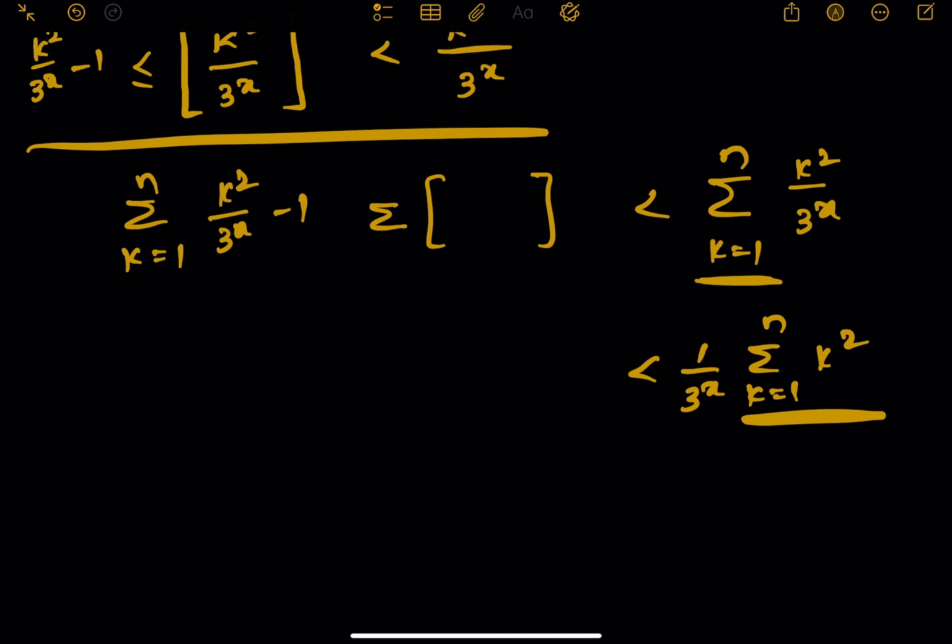And you know this value. What is this? This is simply the sum of the squares of natural numbers. So that is simply n into n plus 1 into 2n plus 1 by 6.